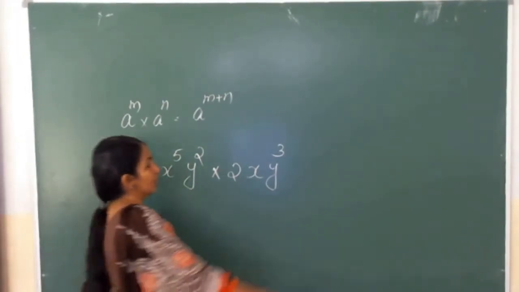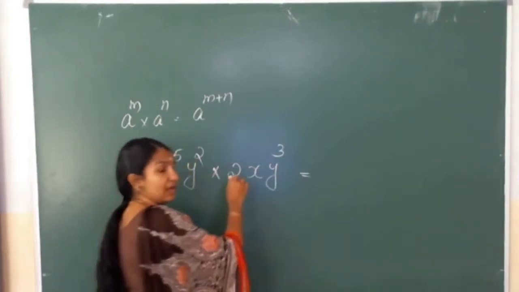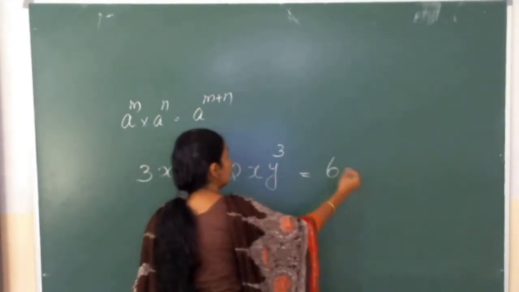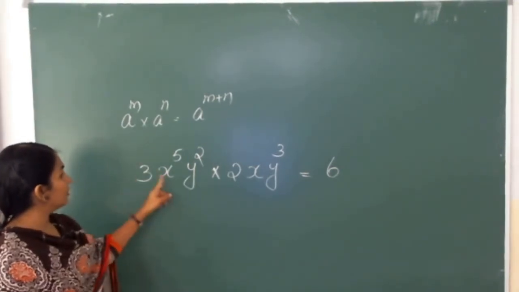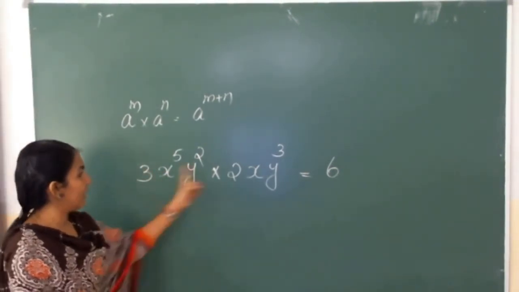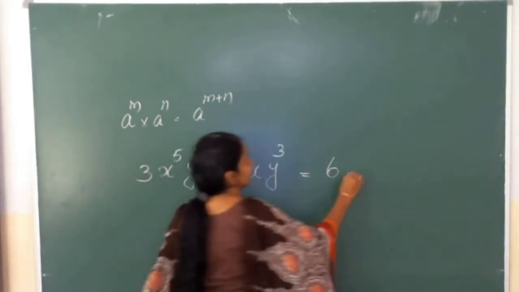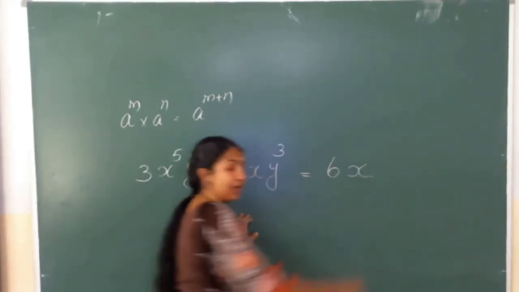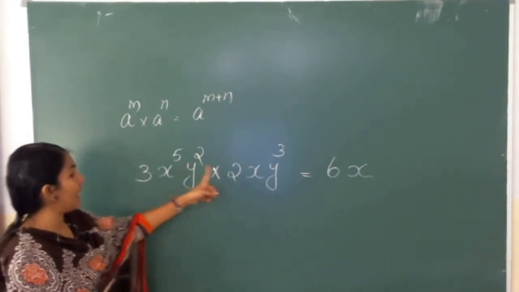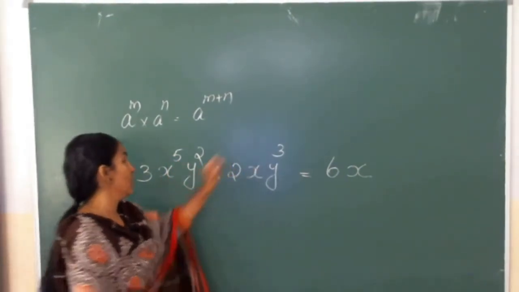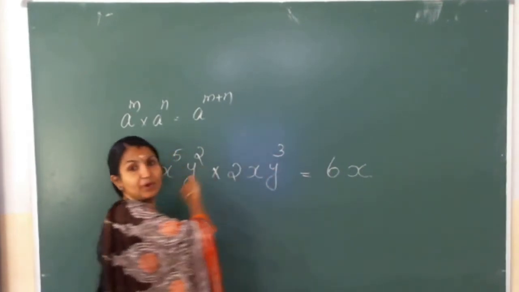Just multiply the constants. 3 2s are 6. Then we move towards the variable part. The first variable is x. Here x, there also x. First write x, and then the power: here the power is 5 and here the power is 1. Only x means the power is 1.